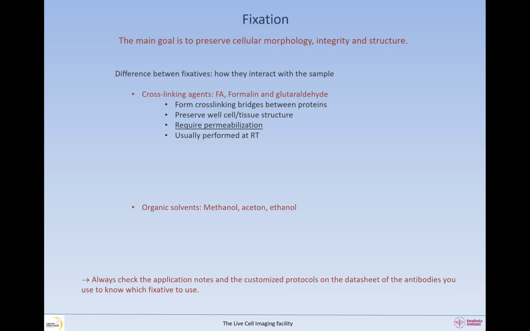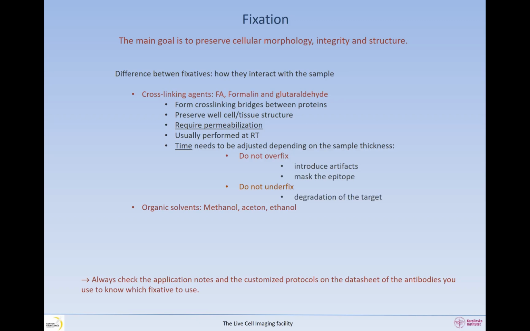Usually this fixation is performed at room temperature. It takes time to adjust the time you need for fixation, especially for fixed tissues, which also means that you have to be very careful not to overfix, because that will introduce artifacts and mask the epitopes, or underfix, to have it too short, which will lead to a degradation of your target.